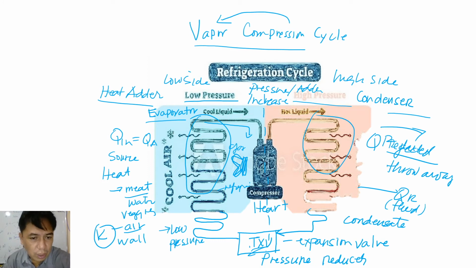When it blows, coming from the evaporator, the air is now cold because of the heat exchange, right? The air is cold when it blows because there's ducting, and it is the one trying to cool the surroundings in the refrigeration, in the air conditioning or in the refrigerator.